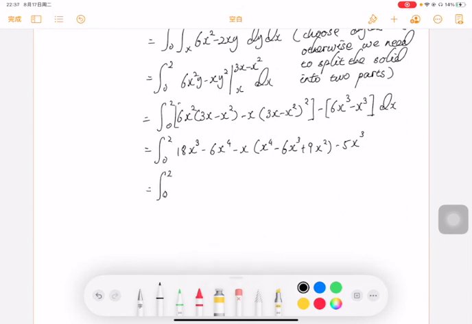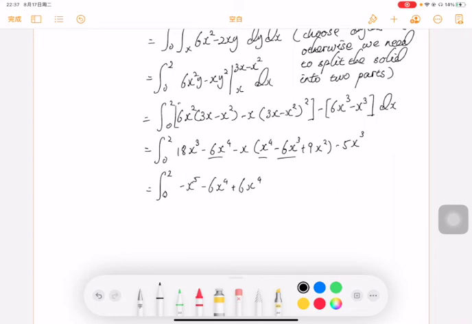Let's arrange the terms from highest order to lowest order. It's minus x to the fifth, that's this term right here, and then minus 6 times x to the fourth, so we got this term. Now this term is minus 6x cubed, so that's plus 6 times x to the fourth, so that cancels out.